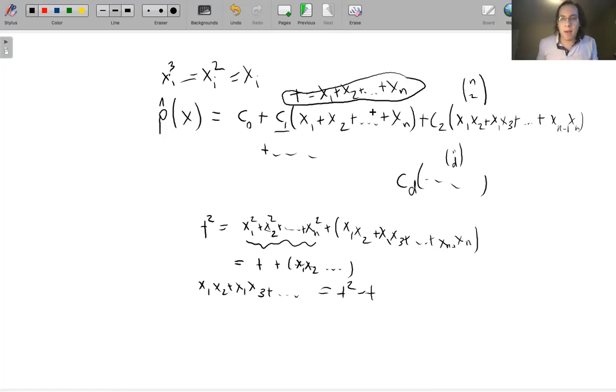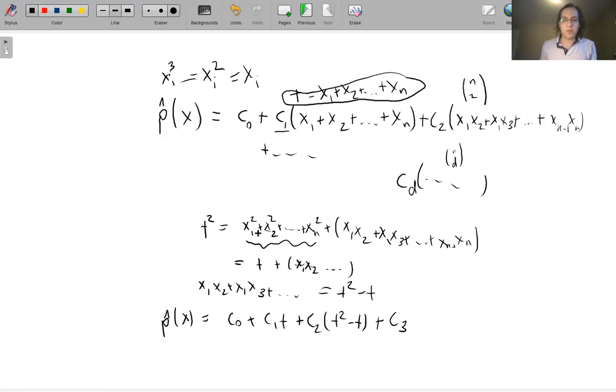So t is basically the Hamming weight of the string, and we get that p hat of x is equal to c0 plus c1 t, where t has some dependence on x, since t is the Hamming weight of the string x, plus c2 times t squared minus t, plus and it turns out that you can write the sum of all the triple-wise products as a polynomial of degree 3 in t.